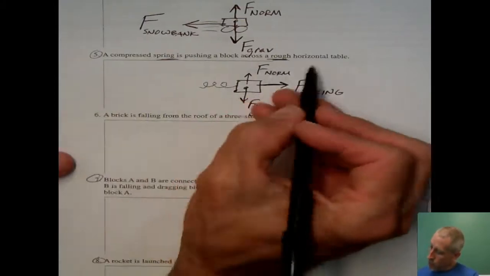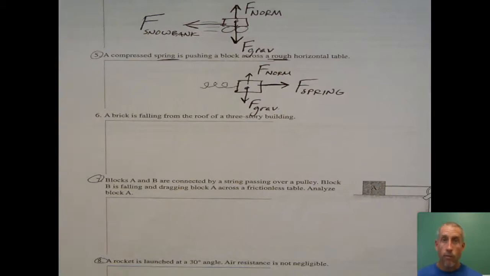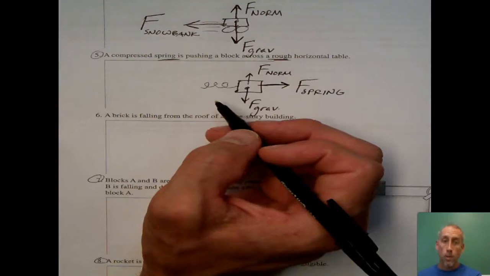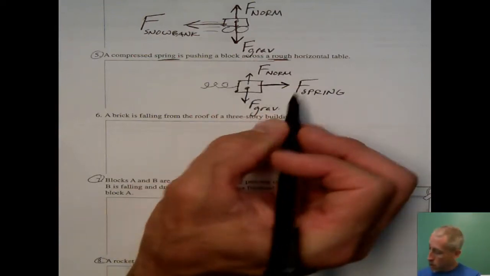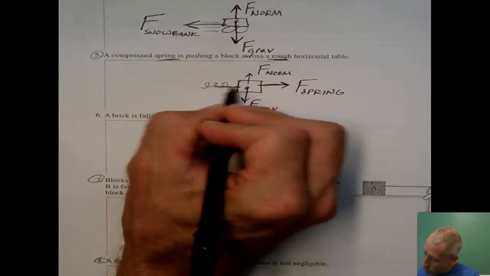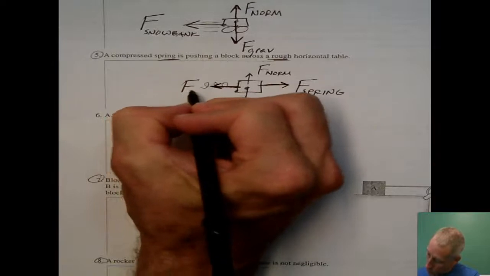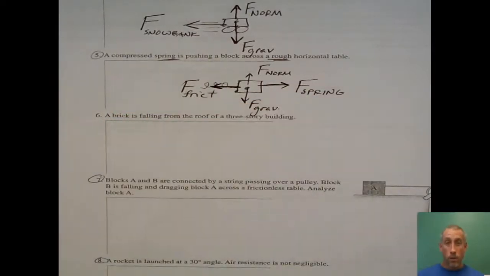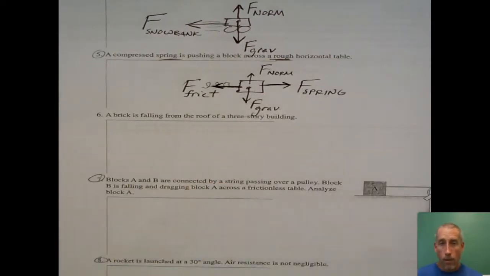And a rough horizontal table, that means there would be some friction from the sliding. That sliding friction always opposes the actual sliding motion. So because I have it sliding rightward across the table, then friction would act leftward, and I'll just abbreviate that FRICT. So we have 4 different forces here, each in the 4 left, right, up, down directions.